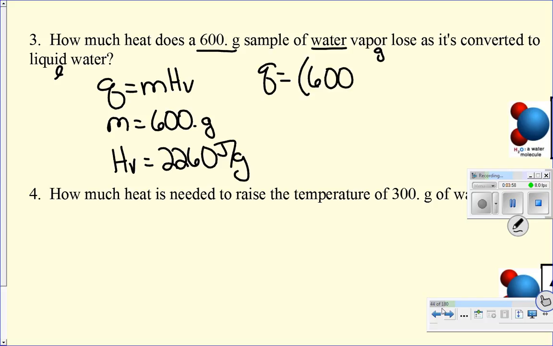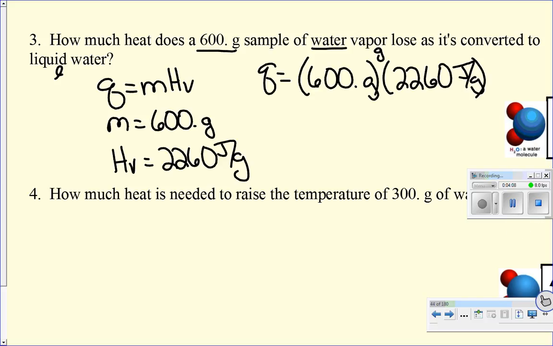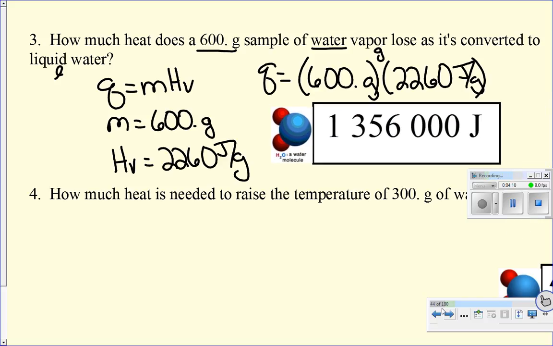So we're going to plug in 600 grams times 2,260 joules per gram. We're multiplying this. Again, if we have to adjust this for significant figures, 3 sig figs in our answer.